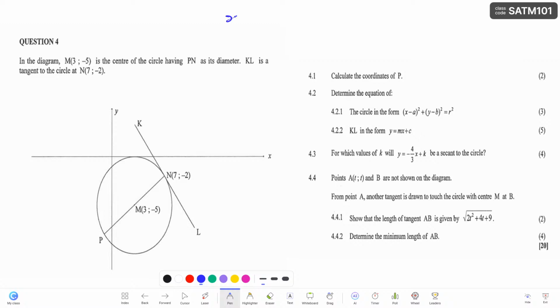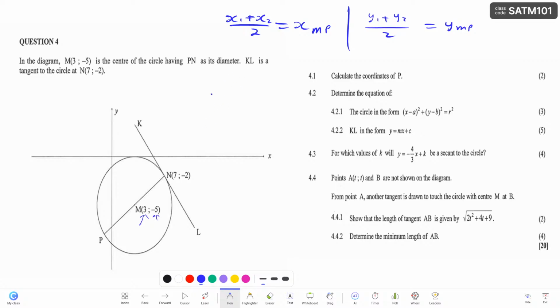So now you need to do what? You need to say x1 plus x2 divided by 2 is equal to x midpoint. Then another one is y1 plus y2 over 2 is equal to y midpoint. So, okay, we have x midpoint, which is 3. We have y midpoint, which is -5.